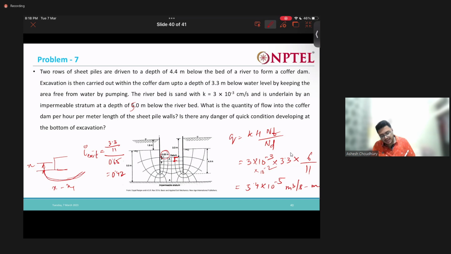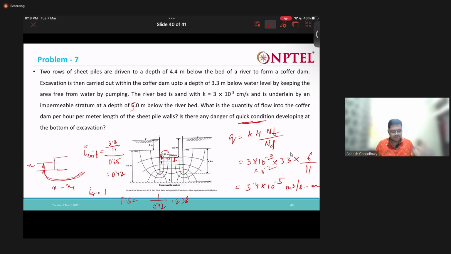Now if I take my i critical as approximately equal to 1, what will be the factor of safety? 1 divided by 0.42 is 2.38.